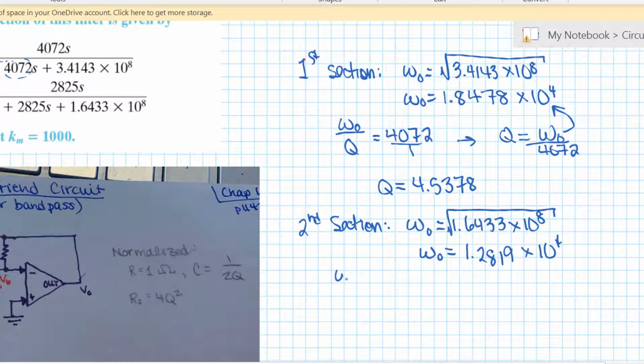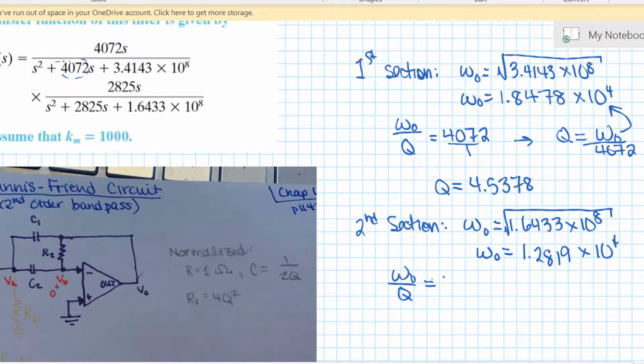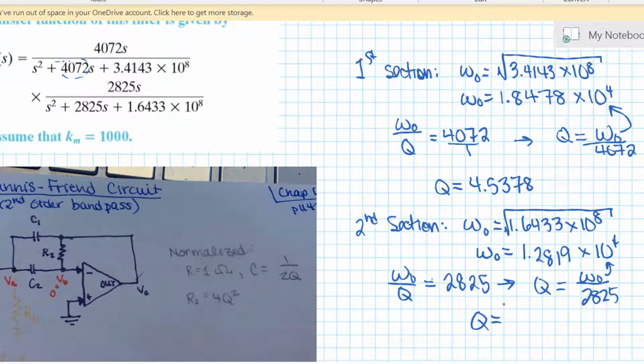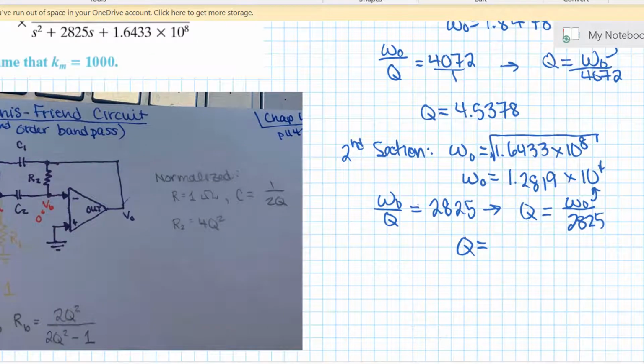And for this one, omega naught over Q is 2825. So Q is omega naught over 2825, and I get 4.5377. So I get basically the same value both times for Q.